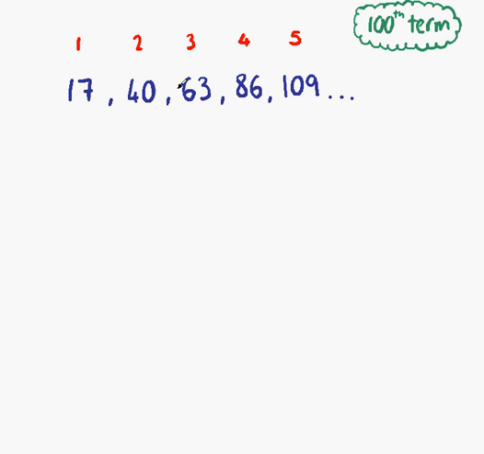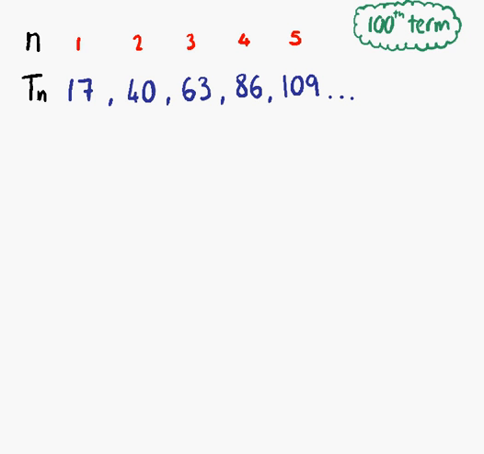And first of all, what we are going to do is put down our term numbers. So 17 is the first term, 40 is the second term, and so on. This time we're not going to use A and B. We're going to use some notation that they often use in exams. So the term numbers are going to be represented by n, and the terms themselves are going to be represented by Tn.